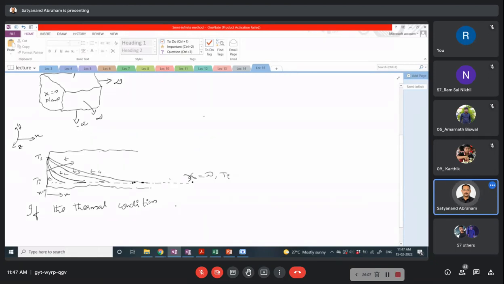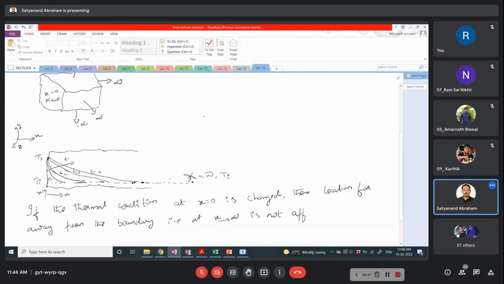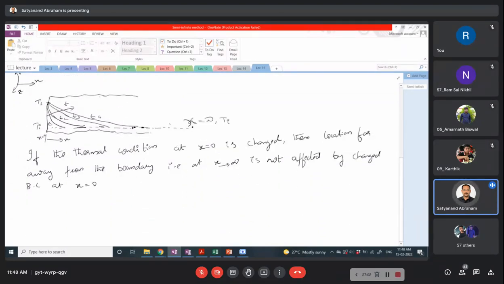If the thermal condition at x equal to 0 is changed, then the location far away from the boundary, that is at x tends to infinity, is not affected by the change in boundary condition at x equal to 0. So that is the semi-infinite solid.